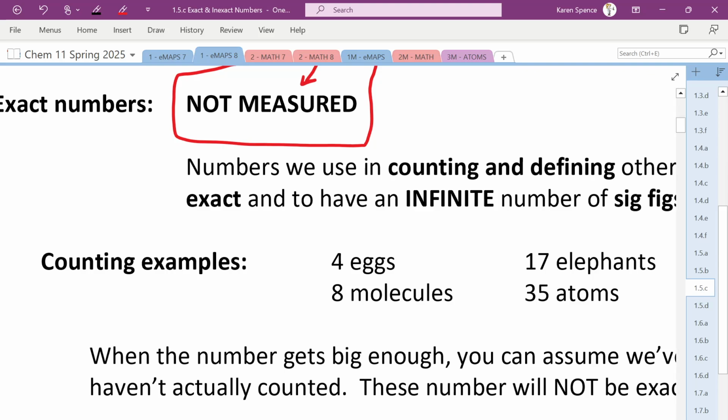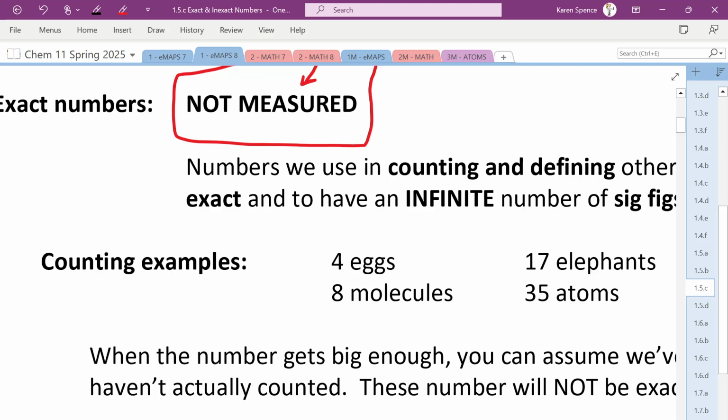Or am I like, I exactly counted 4 eggs because I am a competent human being and I can count out the number of eggs? Yes? So that is an exact number. And it's not like I could have 4.3 eggs. Could I have 4.3 eggs? Not without breaking the eggs and mixing them up. I cannot have 4.3 eggs with shells and everything.